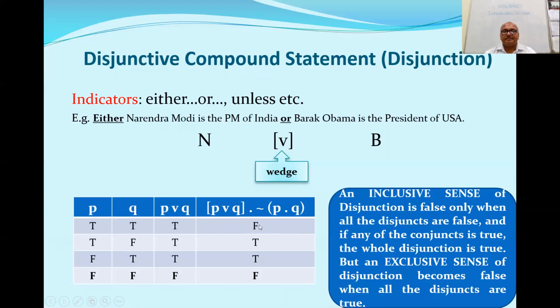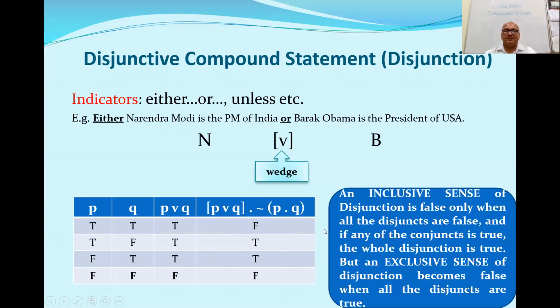This way, you clarify the difference between inclusive sense of disjunction and exclusive sense of disjunction. So you look at here, you see that the total value of the exclusive sense of disjunction is false when both the disjuncts are true. So if P is true, Q is true, then P wedge Q, conjunction, negation of P dot Q becomes false. Similarly, you can calculate all these values.